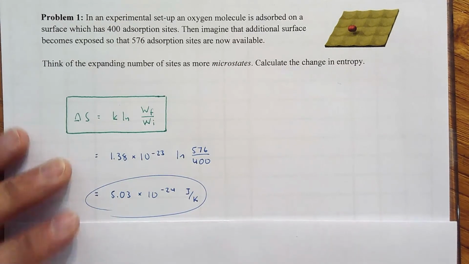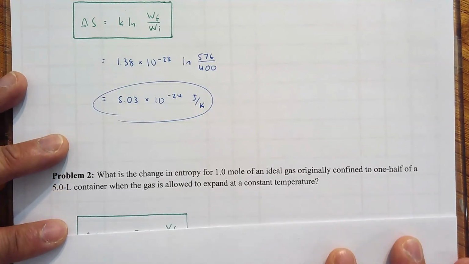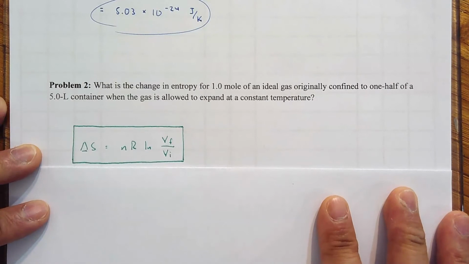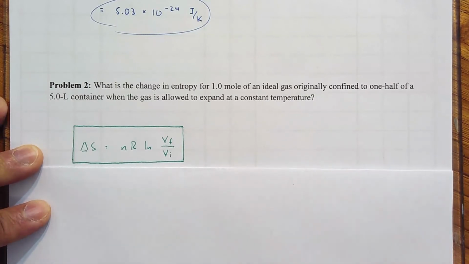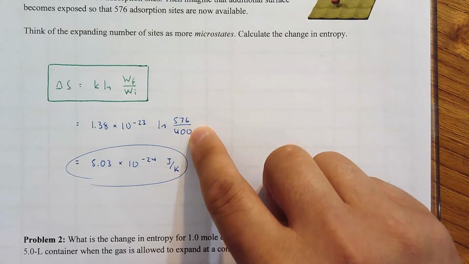Problem number 2. You have something on your paper to compare with my work. Change in entropy. We expect it to be positive, just like problem 1, it was positive. It would have been negative if these 2 numbers were switched.